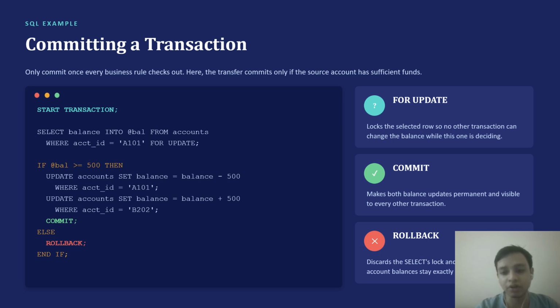If it is greater than or equal to 500, then they update the balance, deduct the 500 from that account, add the 500 to the other account they want to transfer to, and commit the transaction. If the balance is not at least 500, they roll back. The transaction is not completed; it is undone to ensure atomicity.